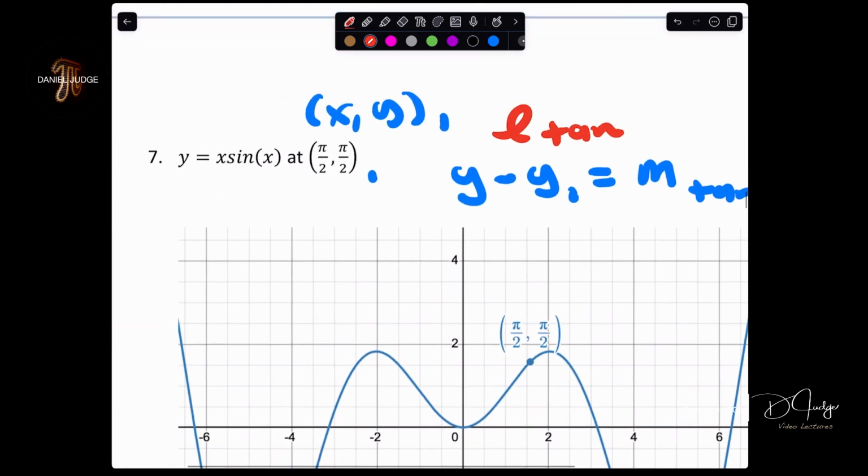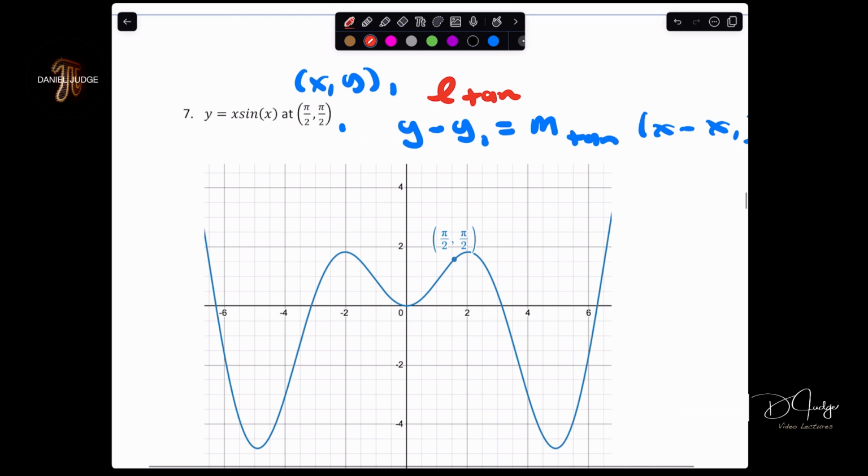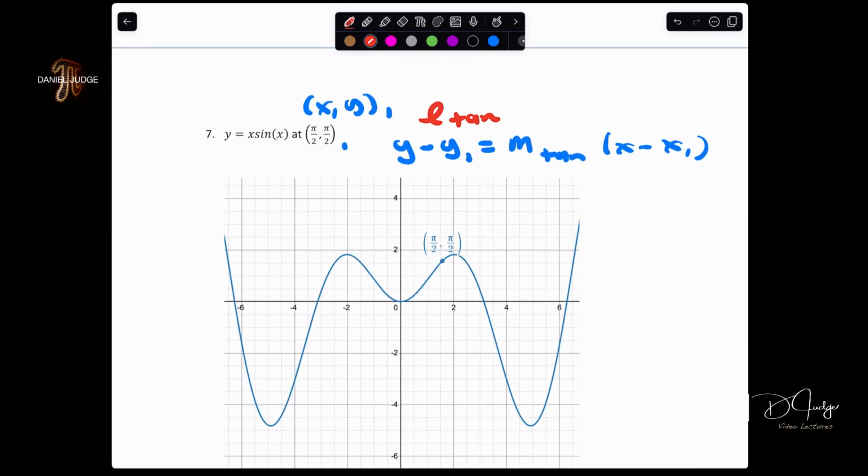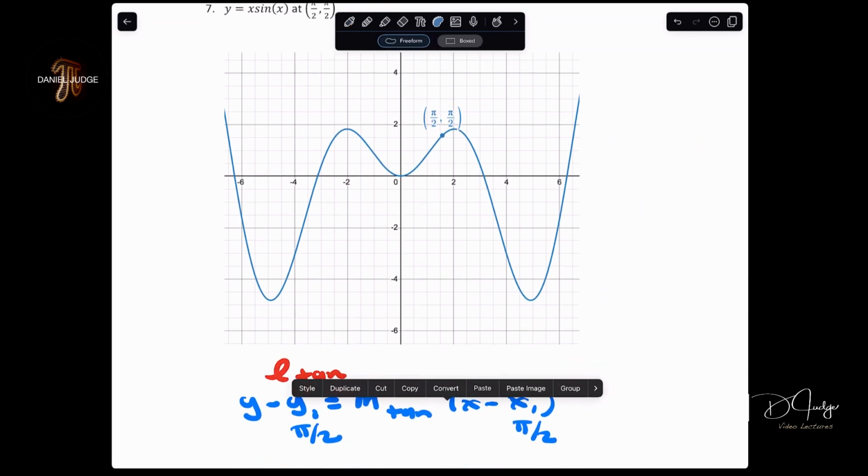Now, the domain here is not restricted, so I just want to let you guys know that. The x coordinate and the y coordinate are the same, so this will be pi over 2, pi over 2. I'm going to bring all that down.